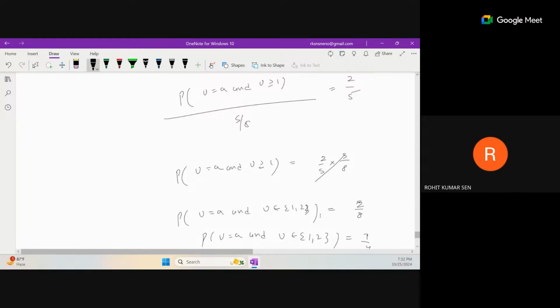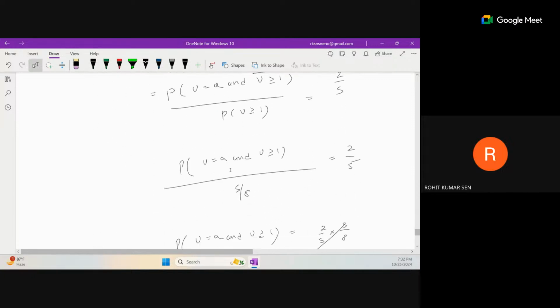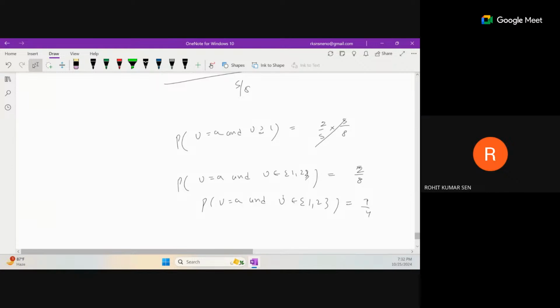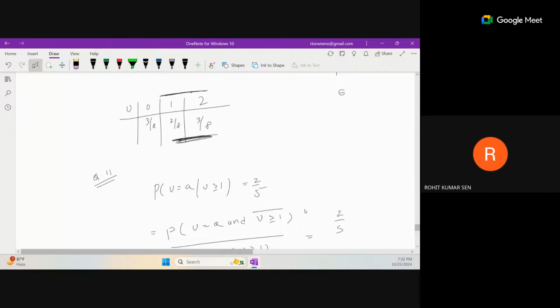So U value is 1 or 2, right? First of all, just try to satisfy this condition. It can be these two values, it can be 1 or it can be 2, and it is equal to a. What is that a? It is going to be 1. Why?